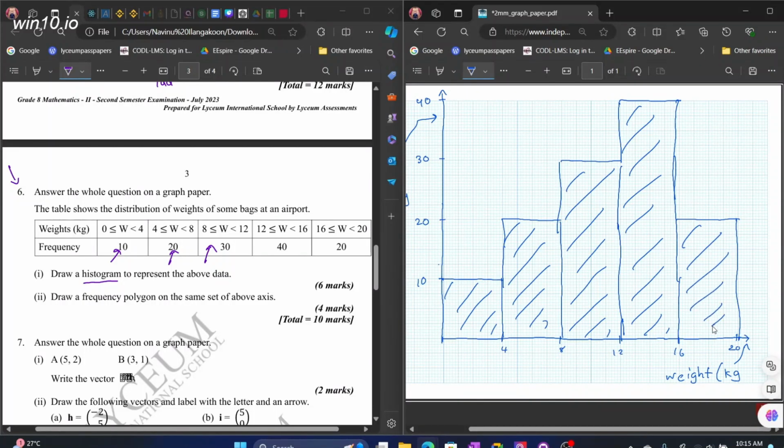Okay, so this is the histogram, like a bar chart, right?